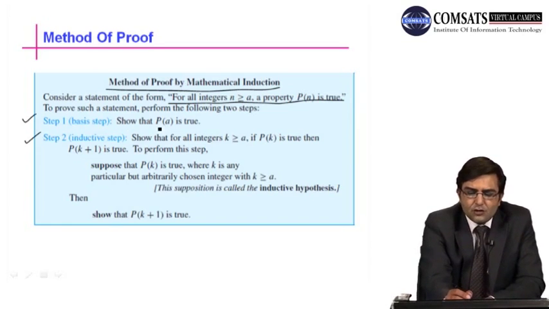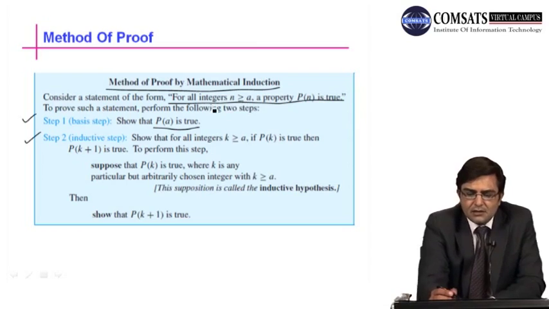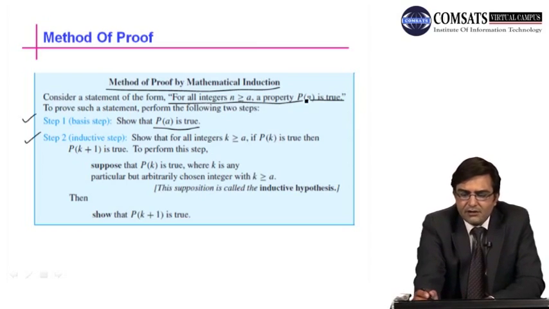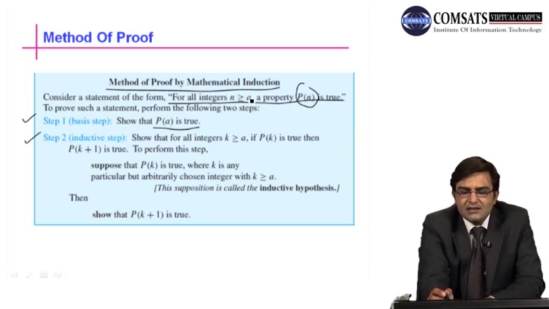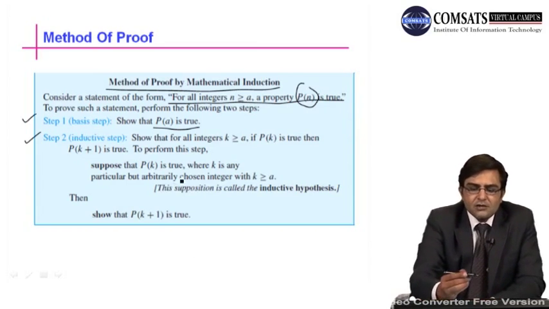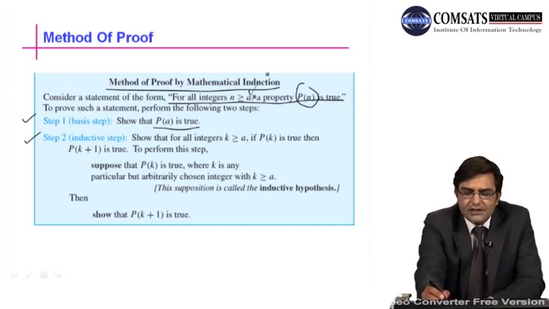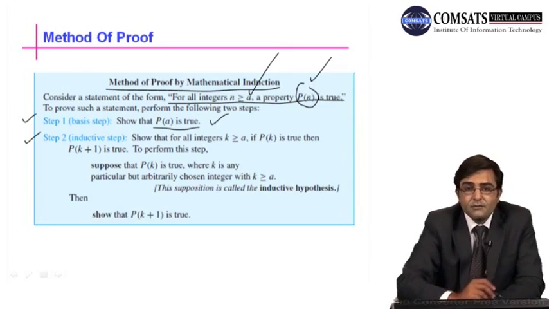In the first step we have to show P of a is true, as we are given the property P of n is true for all n greater than or equal to a, meaning a is the initial integer. You can say that this is the basic or starting integer for which this property is true. So first we shall prove that for the initial integer a, this property is true. We have to prove it.